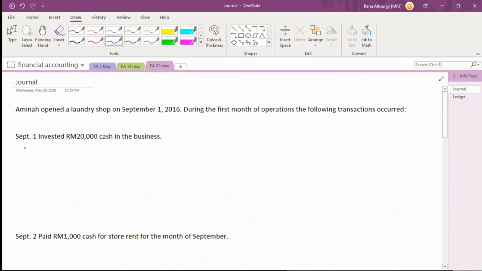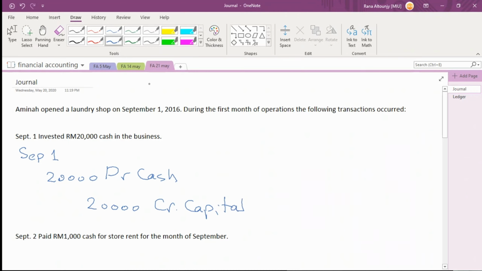Okay, we put September 1st. We put the amount, which is debit, cash, credit, capital. Also, by the way, you can write the amount from the other side. You can write the amount here or you can write the amount here.